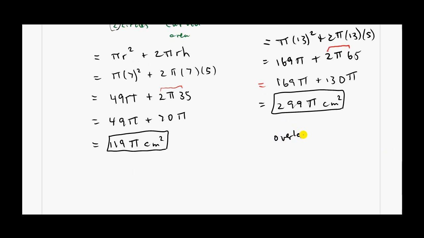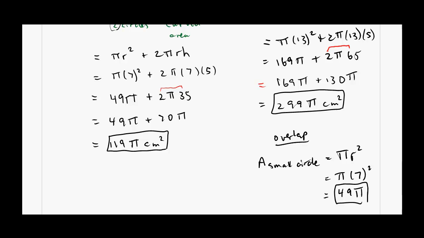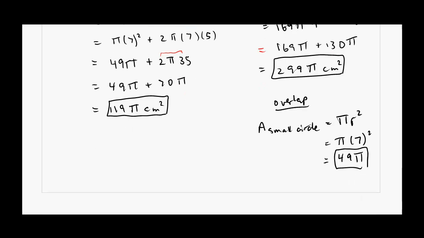So for that overlap, the area of the small circle, the bottom of the small cake, would be pi r squared, which is pi 7 squared, and we have 49 pi. So we have a little bit of overlap that we will have to subtract from the overall total.